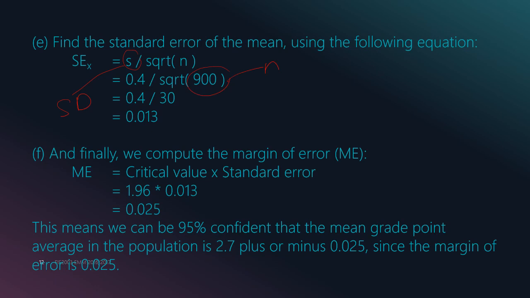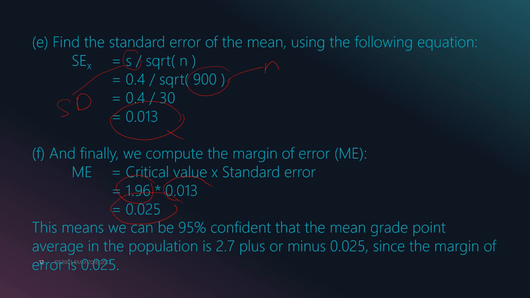Standard error sama dengan 0.013. And finally, we compute the margin of error. Sama dengan critical value darab standard error. Critical value sama dengan 1.96, standard error 0.013. Dapatlah margin of error 0.025.